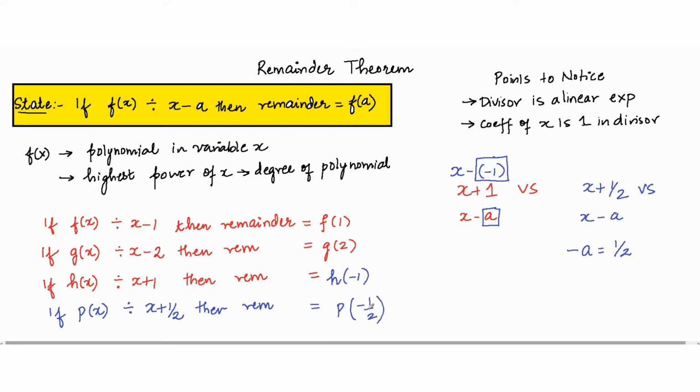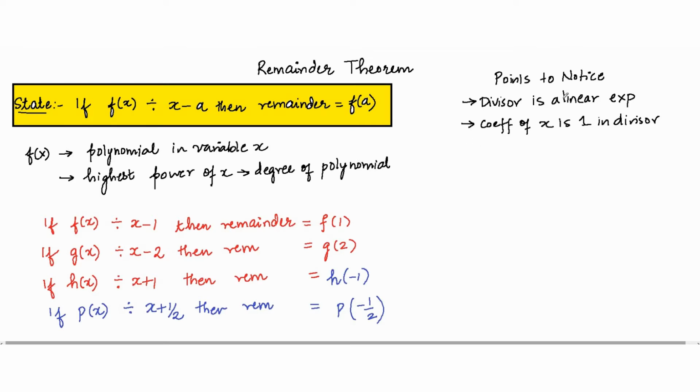So what this theorem is doing is, instead of using the traditional long division method for finding the remainder, we can simply use an algebraic way, or rather just a substitution of the variable is sufficient to calculate the remainder. That is what this theorem is doing for us.